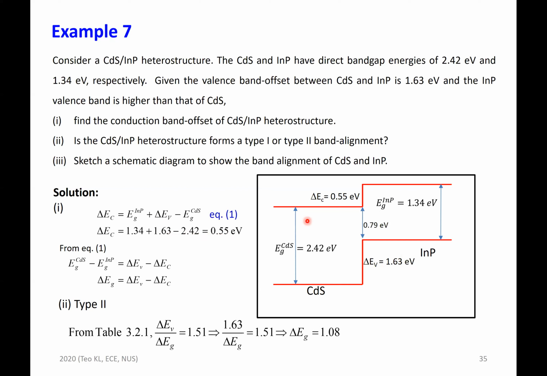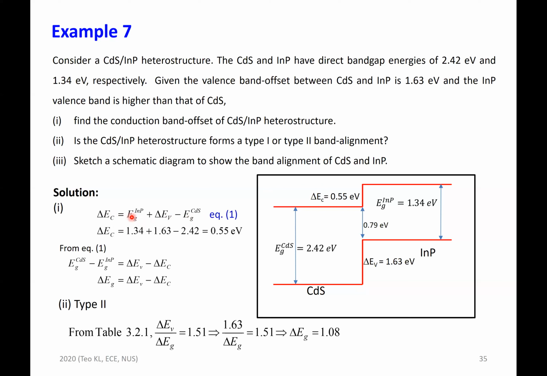The difference in the band gap, delta EG, is basically delta EV minus delta EC, based on this equation. You can rearrange this term to get the band gap of cadmium sulfide minus the band gap of indium phosphide.